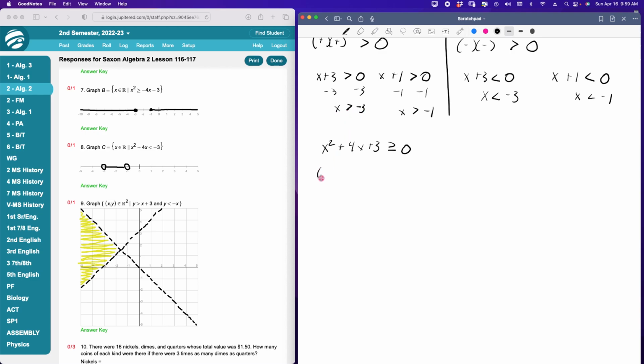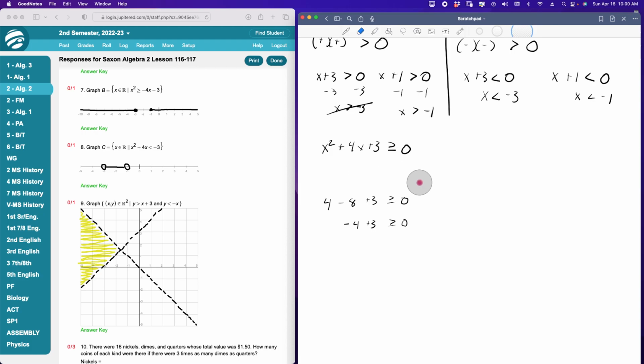That would be negative 2. So negative 2 squared plus 4 times negative 2 plus 3. So that would be positive 4 minus 8 plus 3. That'd be negative 4 plus 3. That is not true. Negative 1 is not greater than or equal to 0. So that one can't be true.